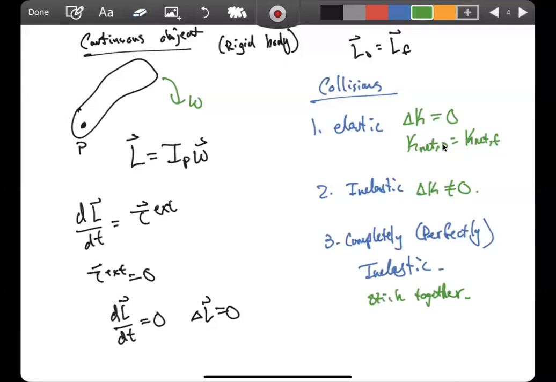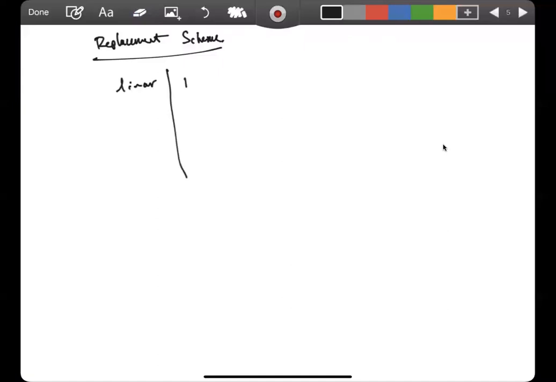One other thing I'll point out before we move on is that the best way to remember all these things, again, is using our replacement scheme, which we've been writing down every time. The replacement scheme is simply going from linear to angular or rotational.